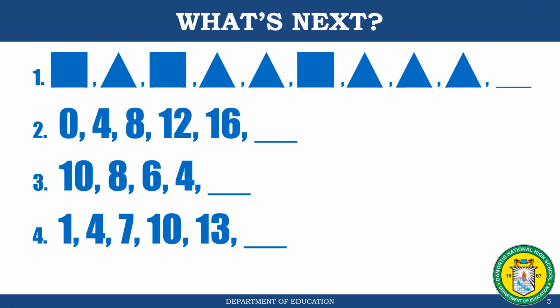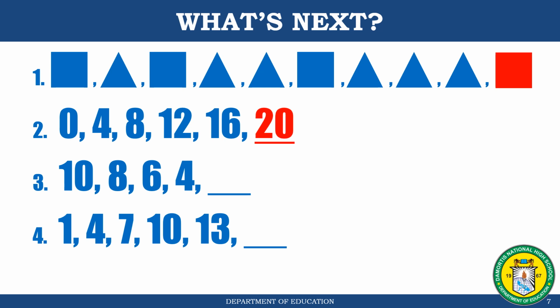Let's start our lesson with this preliminary activity. What's next? Each item below shows a pattern. Answer the given questions. The first one, what is the next shape? Correct. The answer is a square. What is the next number for number 2?